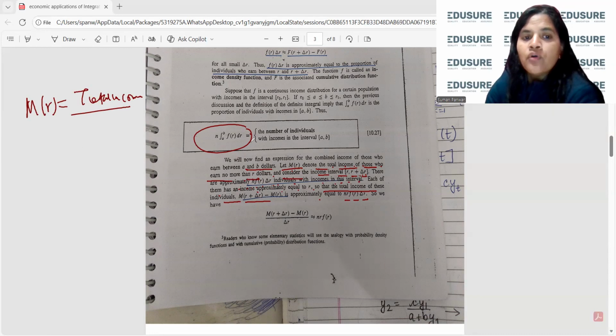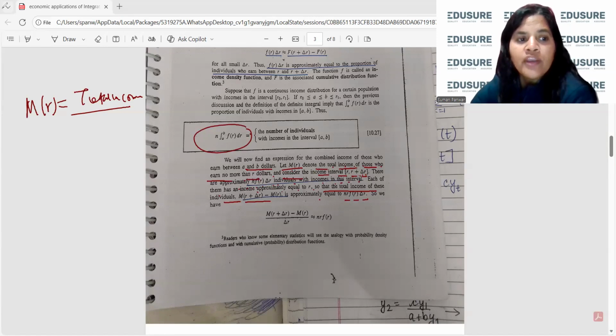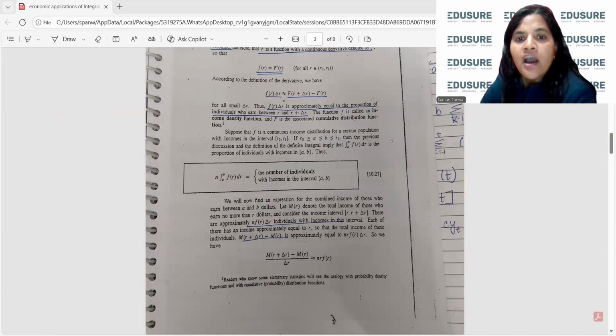So if I now look at f(r)Δr, what was it? Please go above. f(r)Δr is approximately equal to the proportion of individuals who earn between r and r + Δr. That is what it is trying to say.